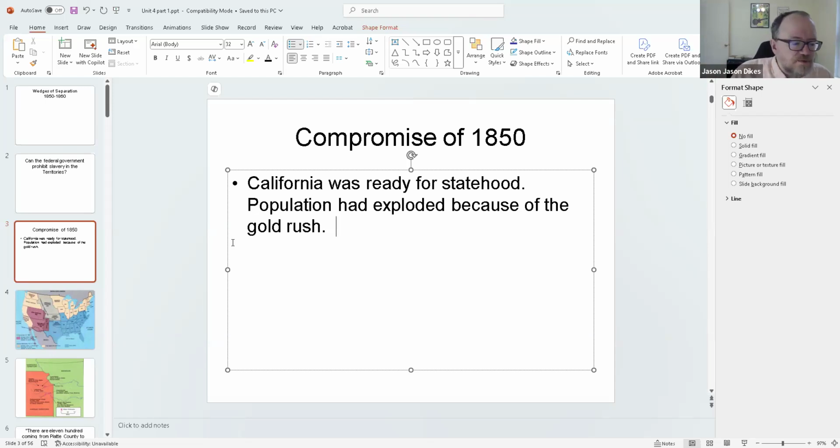And the question, though, is whether or not California was going to be a free or slave state. The last time we did a compromise regarding slavery had been 36-30, right? Way back in Unit 3, the Missouri Compromise. And California lies outside of the Missouri Compromise boundaries. Most of the Missouri Compromise had been taken up with the Louisiana Territory.